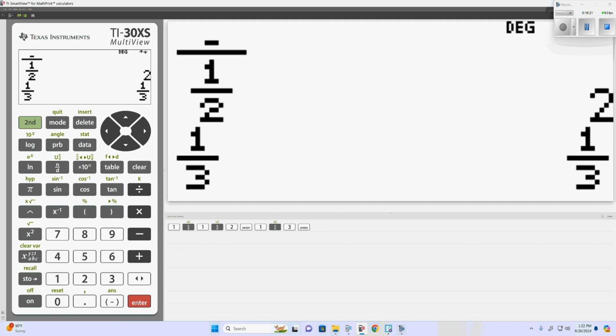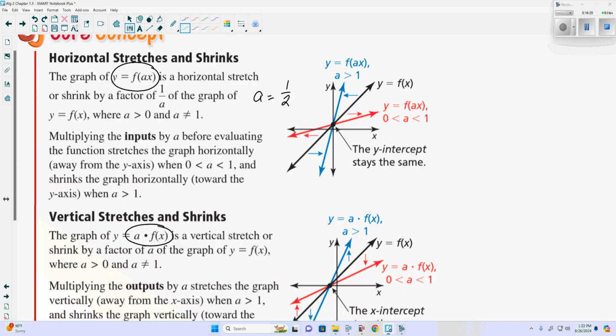We just flip 3 to 1 over 3. Flip the fraction, and that's our value. So horizontal is the only one that's tricky because we have this factor of 1 over a. We're flipping the value of a, whatever it is. And that's the reason it's tricky. It's not that it's hard or more challenging. We have to remember to flip it with horizontal stretch or shrink.